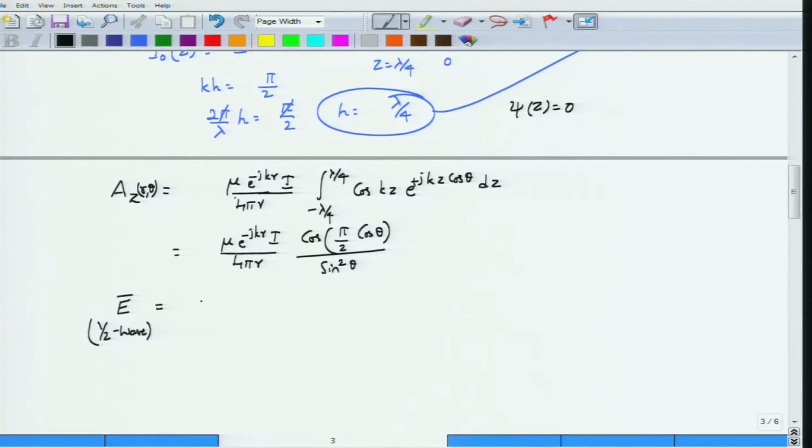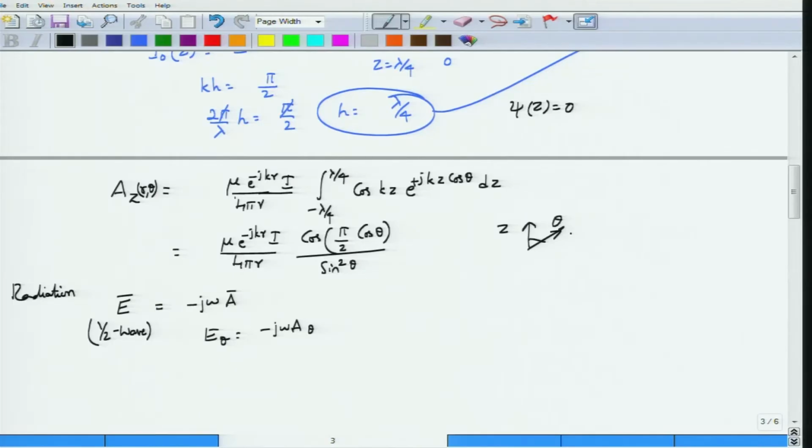E will also have two components, E theta and E r, and in the radiation zone E must have only a theta component and H must have the phi component. The electric field E is related to the magnetic vector potential by minus j omega A. Therefore E theta will be equal to minus j omega A theta. Find out the A theta component for this vector potential. This is A along z, but if this is your theta axis, then there is a relationship between z and theta.